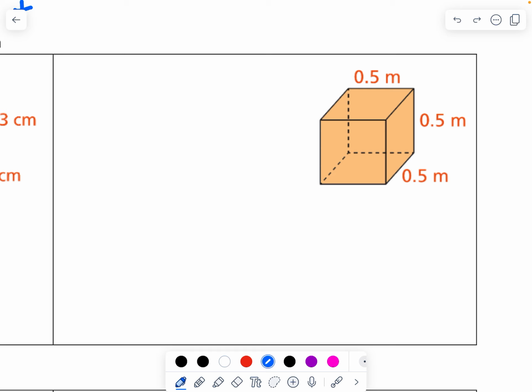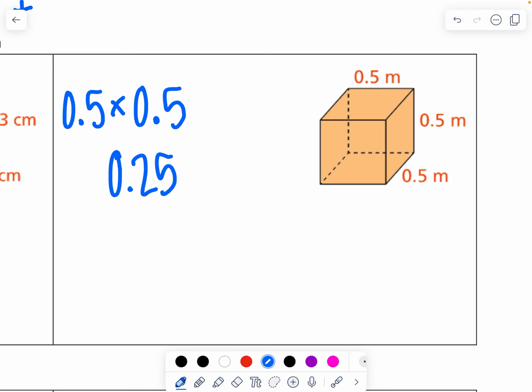Okay? So I would just do 0.5 times 0.5 and go ahead and put that in your calculator. And you would get 0.25 or 25 hundredths. So that's the area of one face, but we need to know the area of all 6 faces.